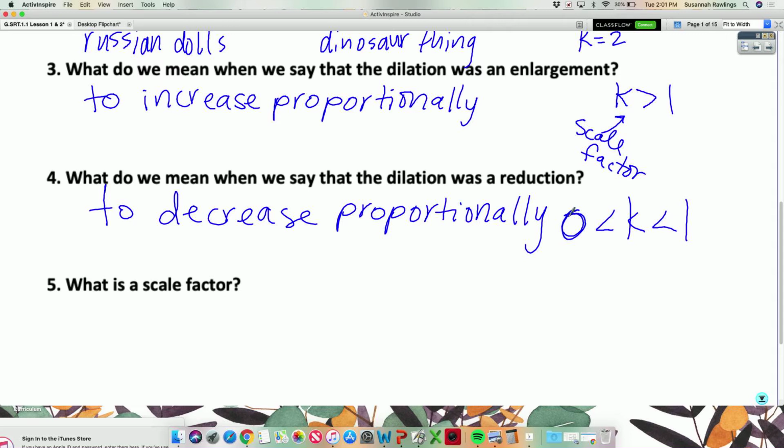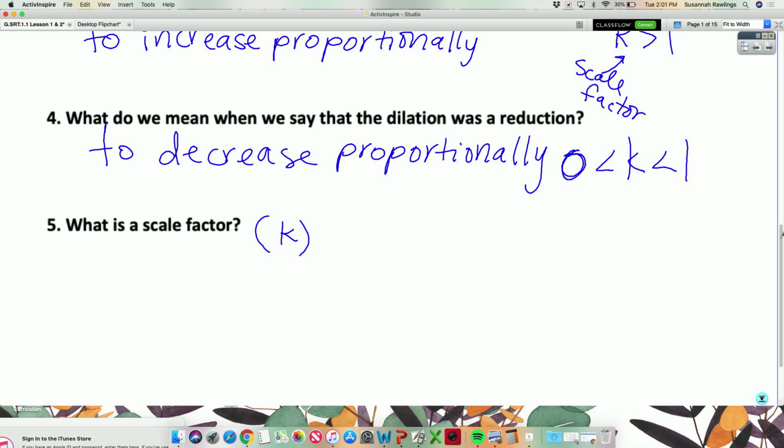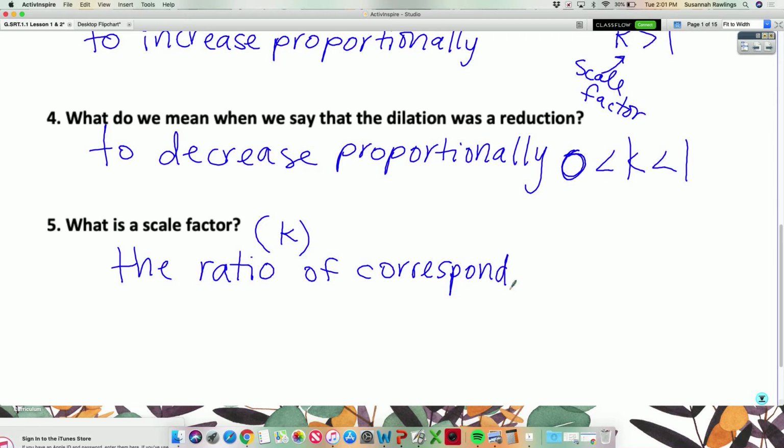Okay, and then the last thing here is the scale factor. What letter did I say represents scale factor? K. So you'll always see it written like K. Okay, and again, it's just like the number by which we're increasing or decreasing, but an actual definition is the ratio of corresponding lengths.